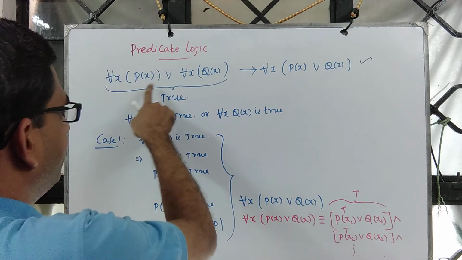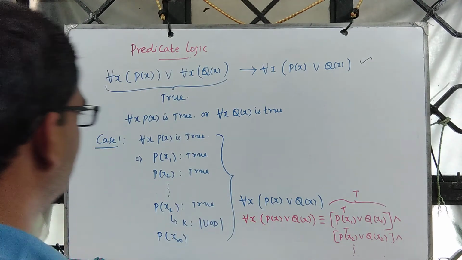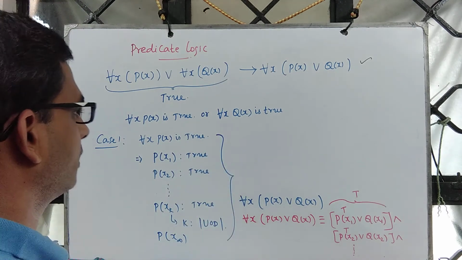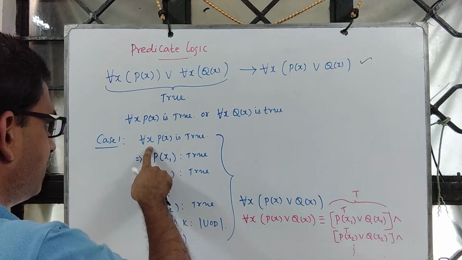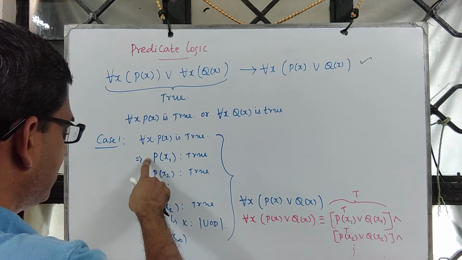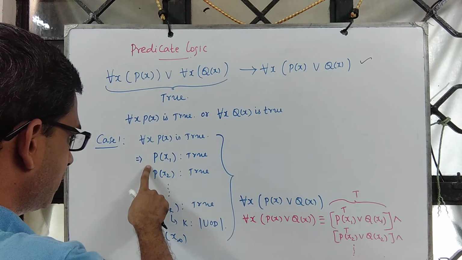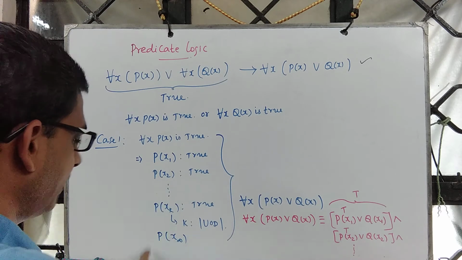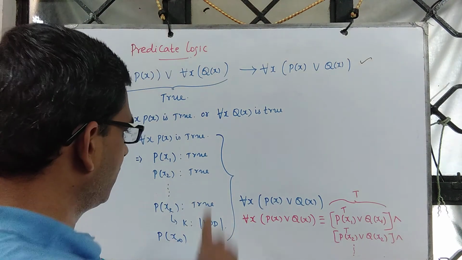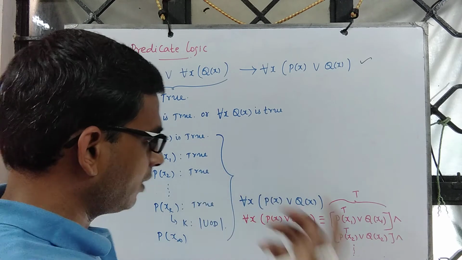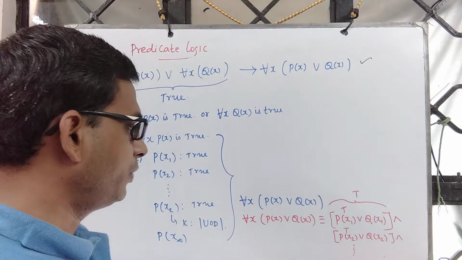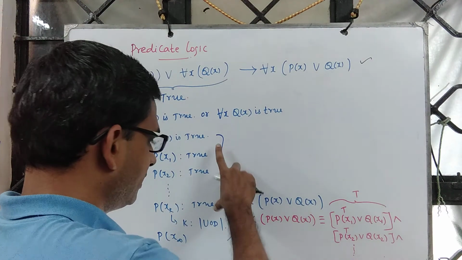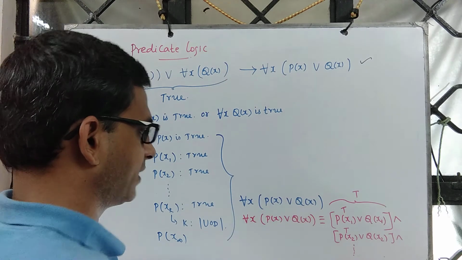So for all x, p of x or for all x, q of x, and either this is true or this is true. If this is true, the possible values are p of x1 is true, p of x2 is true, and so on up to this. For each element in the universe of discourse it is true. Now independent of what truth value q takes, I can write for all x, p of x or q of x.